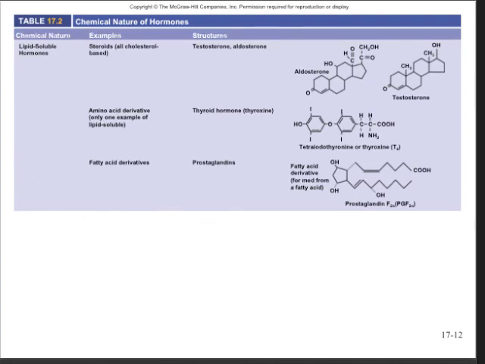Okay, what you're looking at in these next two tables are just some examples of chemical structures of steroids. They give you some names, they give you the structures.